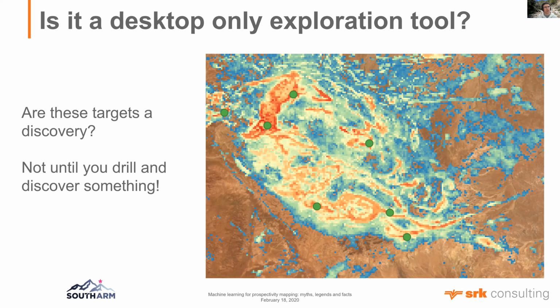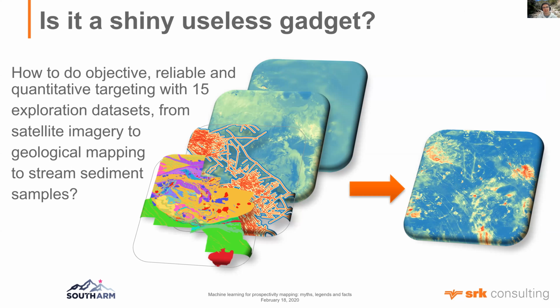Now, the next question: is it a shiny, useless gadget? It's something that we sometimes hear technology-reluctant geologists say, and that's a fair question. But how do you do objective, reliable, and quantitative targeting when you have, for example, 15 exploration datasets that go from satellite imagery to geological mapping, and you want to generate targets?